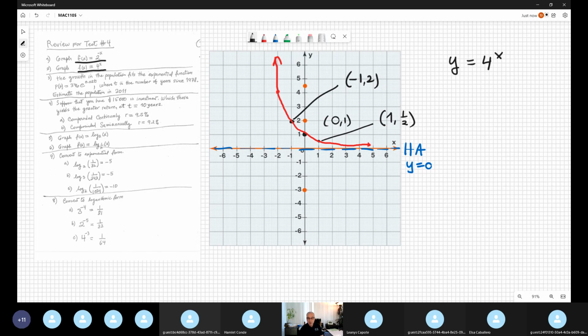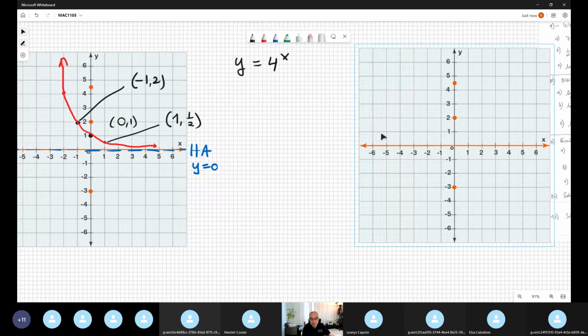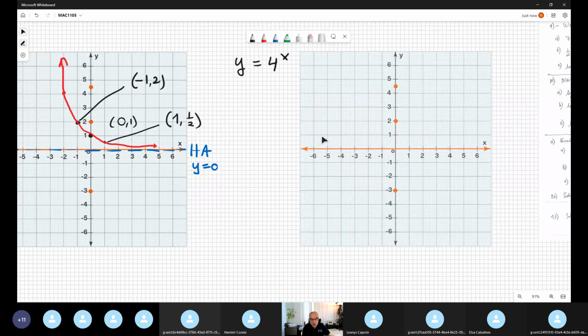In this case, it's obvious that the base is 4. And when the base is 4, a number greater than 1, we are doing the graph of an exponential growth. So my exponential, when I finish, looks like that. From left to right, it is an increasing function.